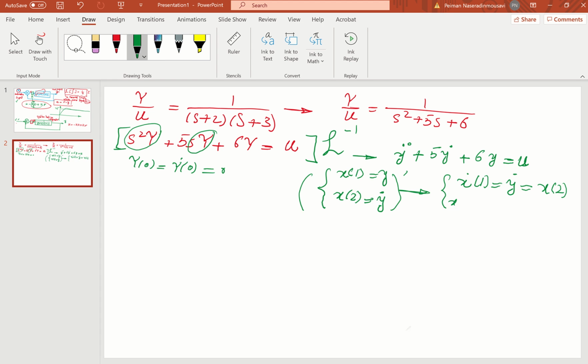X dot 2, because we're going to transfer this to MATLAB, is y double dot, which can be found from here: u minus 5 y dot, which is x2, minus 6 y, and y is x1.